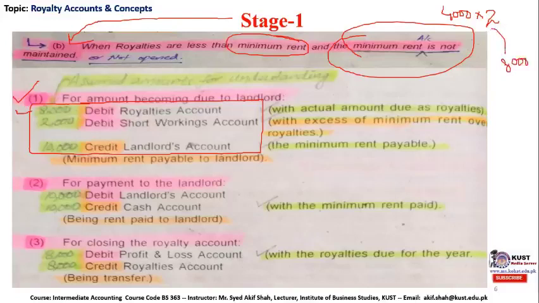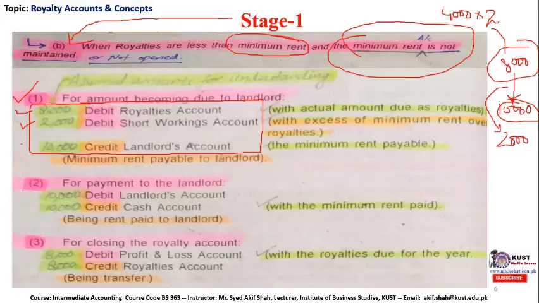We have debited the royalty fee expense directly in the lessee's books of account by 8,000, and then mentioned 2,000 as short working, which is the excess of minimum rent over royalty. The minimum rent was 10,000 and the royalty fee was 8,000, so the short working is 2,000, the difference between the minimum rent and the royalty fee.